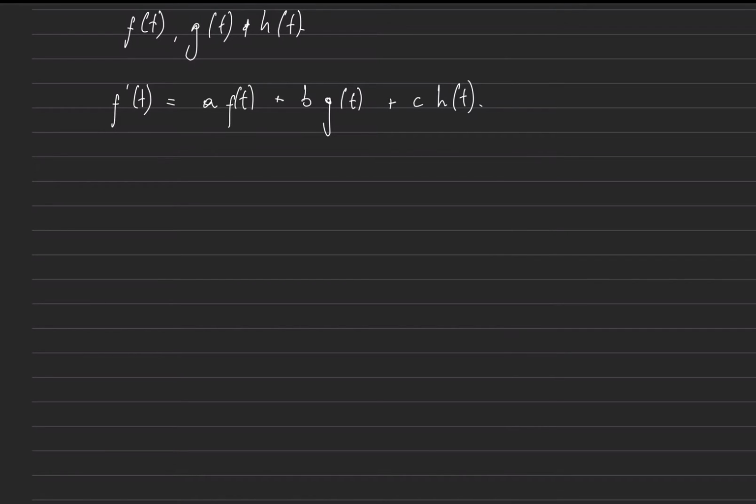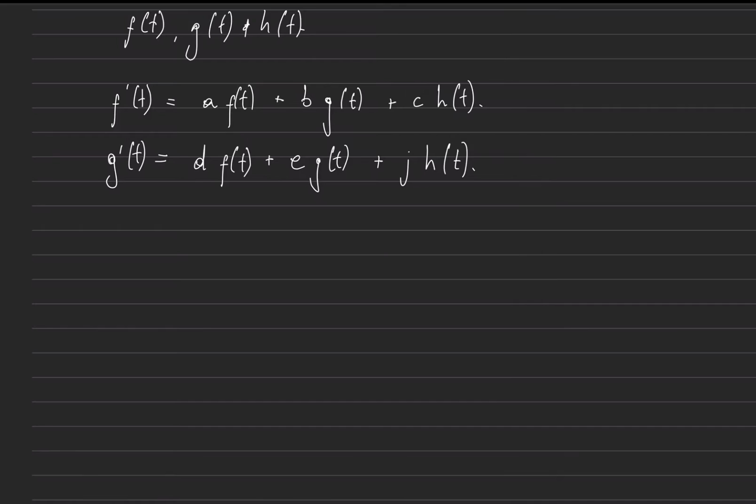That could be one equation, and the second one would be that the derivative of g gives us, let's say, d times f of t, plus e times g of t, plus, let's say, j times h of t.